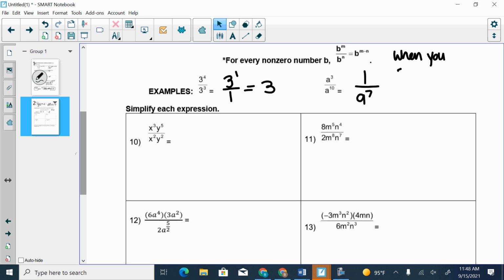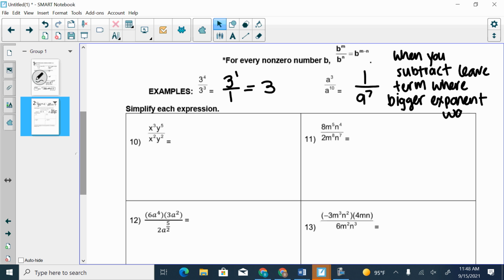So when you subtract, leave the term where the bigger exponent was.